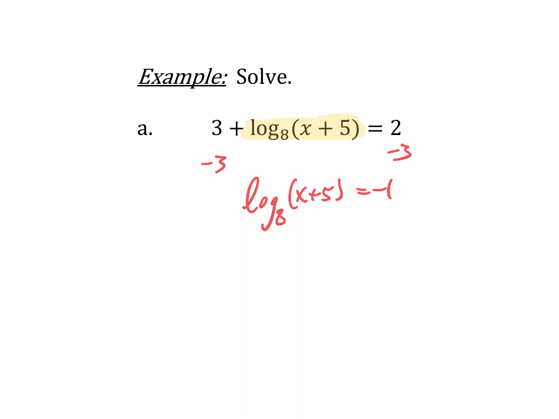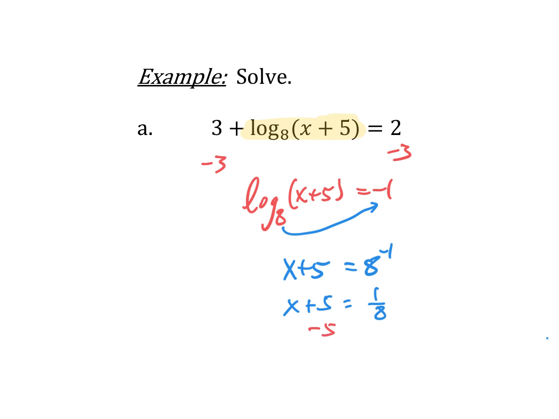Then we're going to change it to an exponential. Raising 8 to the power, this is x plus 5 equals 8 to the -1 power. And what is 8 to the -1? Well, that is 1/8.